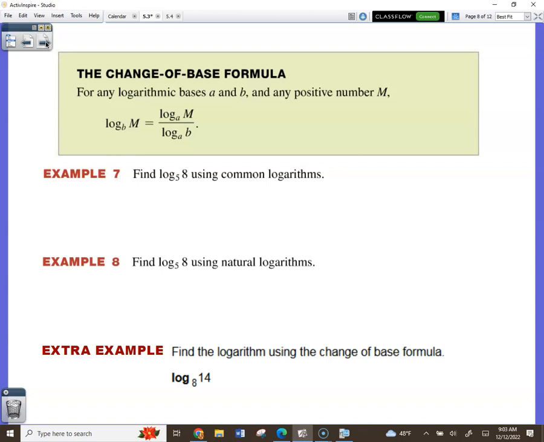Instead of this single log, you can rewrite it as a fraction, log base a of m over log base a of b, where a is a base your calculator can handle, like base 10 or e. You might not understand that, so let's apply it here, and then I think you'll understand it. So we have log base 5 of 8.